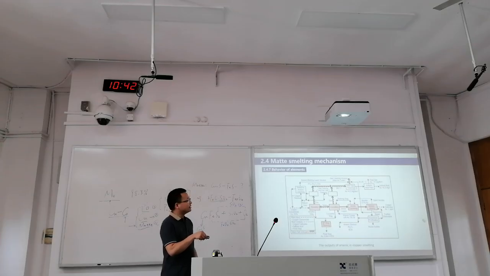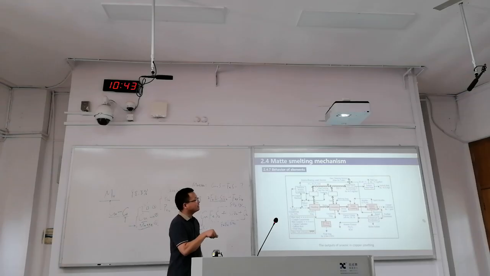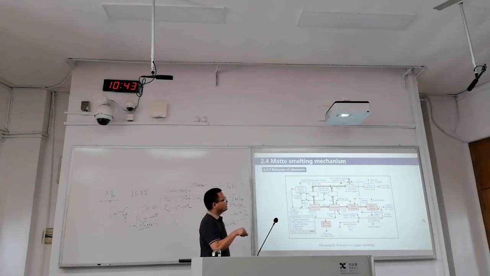So there is a big circulation. From smelting and from converting, arsenic will be enriched in the flue dust and in the gas phase, and get collected, and we have it as the main arsenic output.